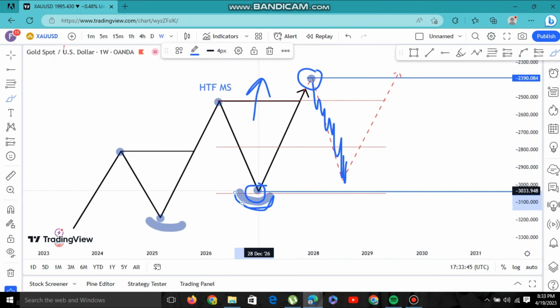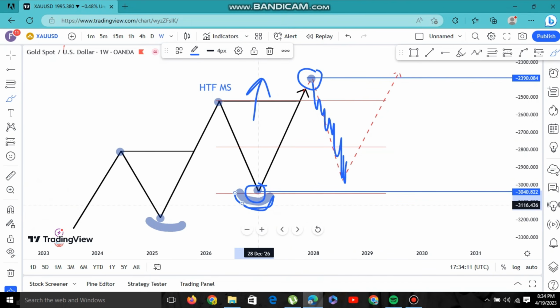Because whoever entered here with more money to take out this high has to protect his money. He won't let the market go below his positions, because if it goes below his positions, he will end up in negatives, and we are all in the business to make money. So I don't think that whoever entered here with more money can leave these trades to go below him.